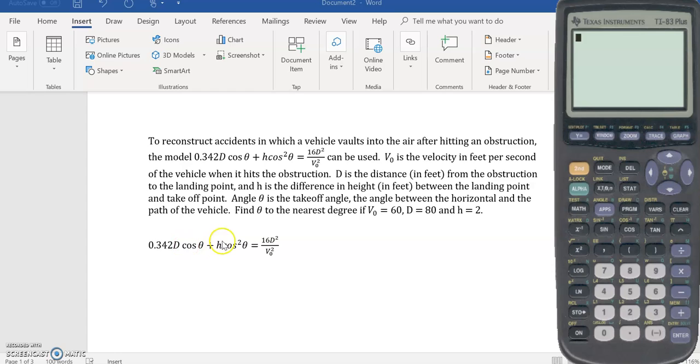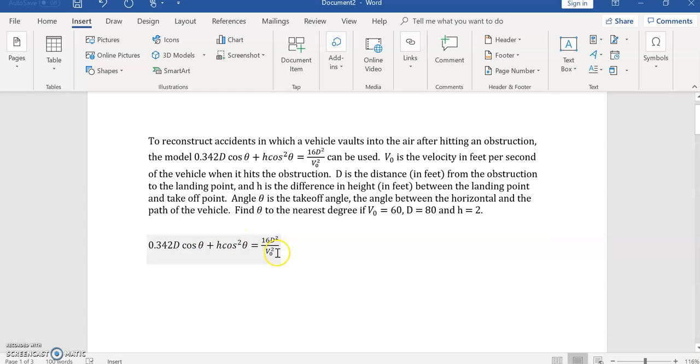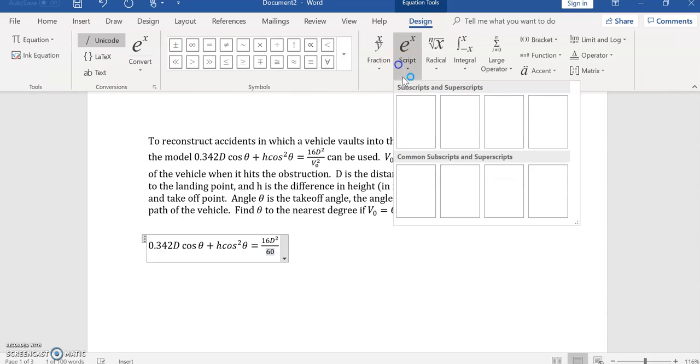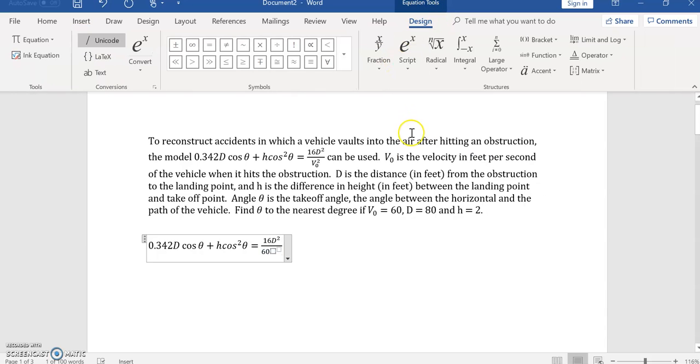What I'm first going to do is put in what they gave us. So V sub 0 here is 60, and it is squared.